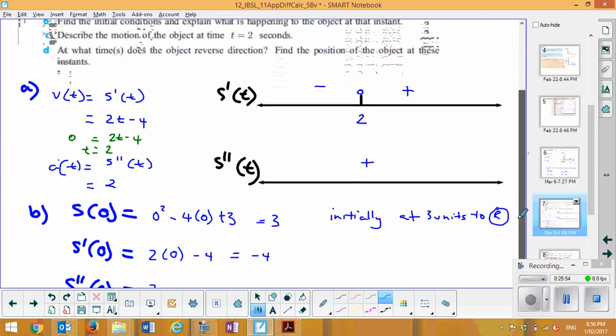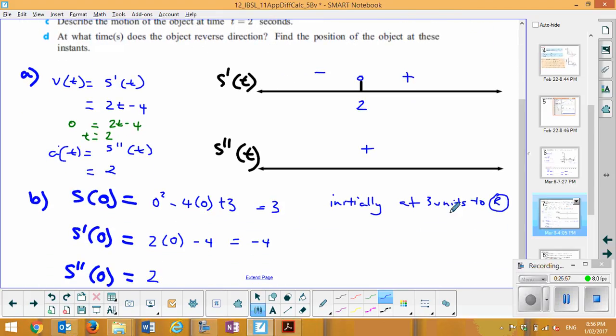So this is not 3 units, we could actually write this as 3 centimeters. Our velocity here is, if it's 4, it means it's moving at 4 centimeters per second. If it's negative, it's moving to the left. So it's moving left at 4 centimeters per second.